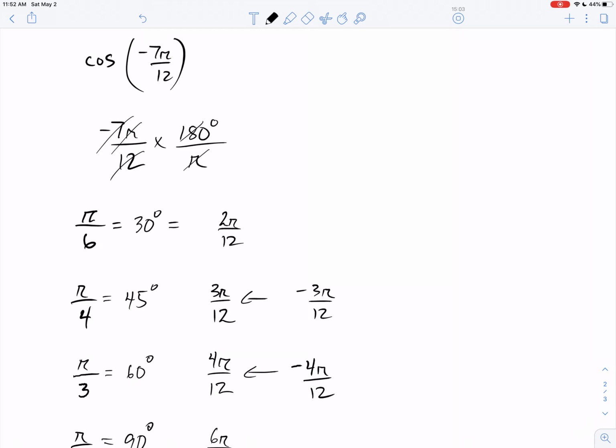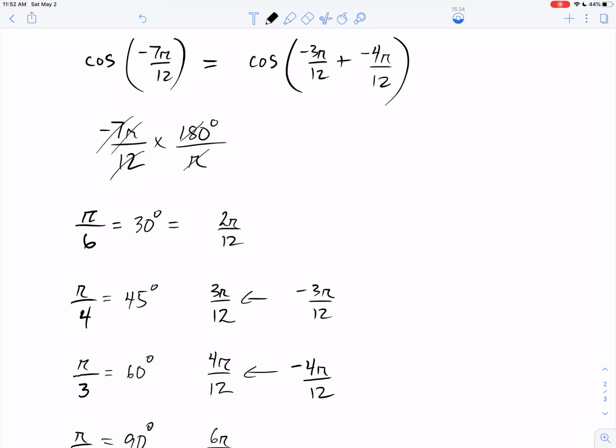Would I? I would. So this guy right here could be rewritten as cosine of negative 3 pi twelfths plus negative 4 pi twelfths. I could do that. I would get cosine negative 7 pi twelfths.